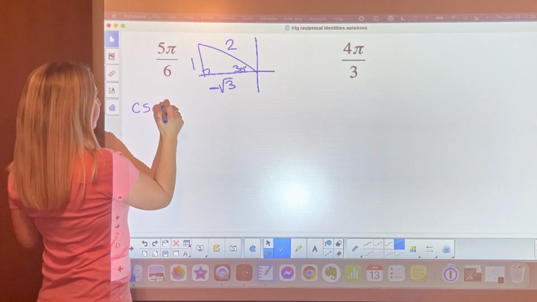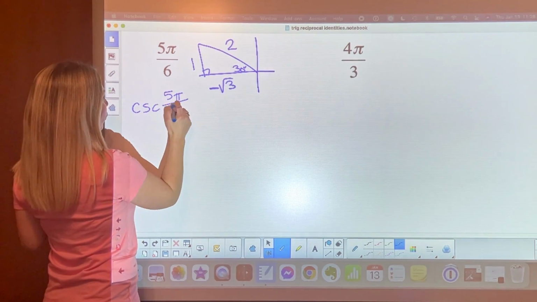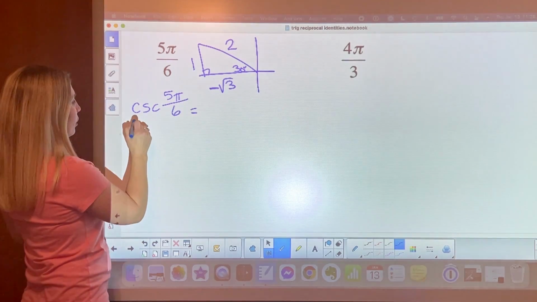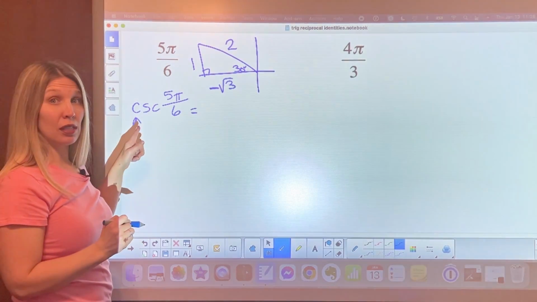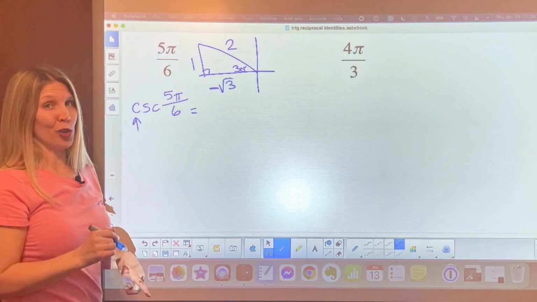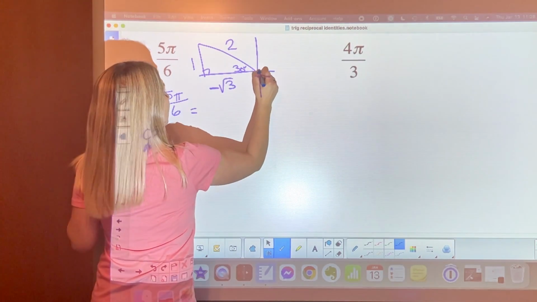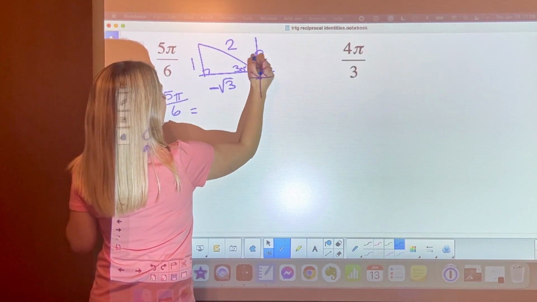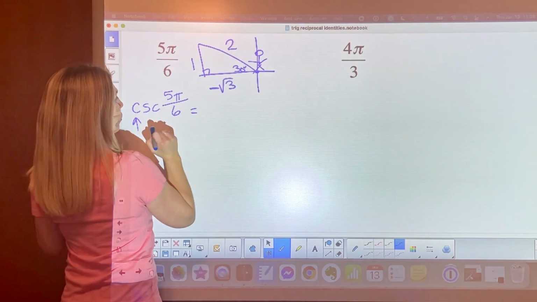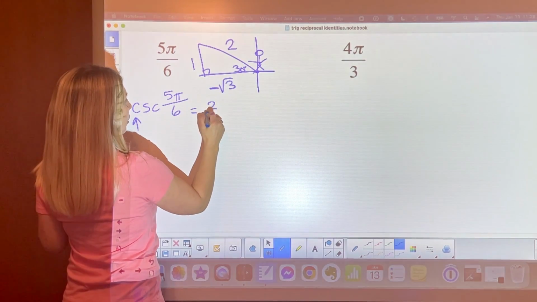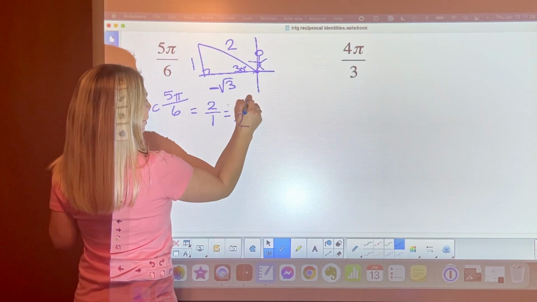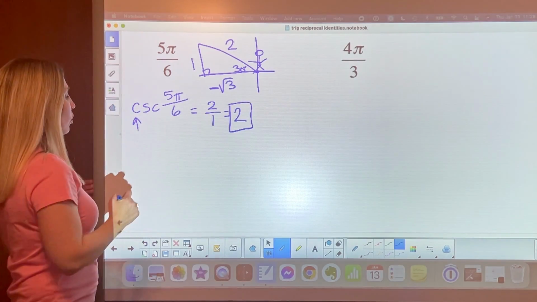So cosecant of 5 pi over 6 equals, okay, so remember, cosecant starts with a C, so the reciprocal is sine, which starts with the S. You're always standing in the origin. Sine is opposite over hypotenuse, so we have to flip that. So hypotenuse over opposite, so cosecant is 2.